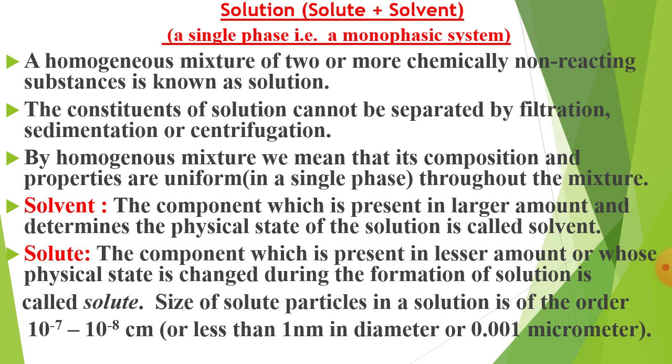That's why sugar behaves as solute. The size of solute particles in the solution is of the order of 10 to the power minus 7 to 10 to the power minus 8 centimeter in diameter, or less than 1 nanometer, or 0.001 micrometer.